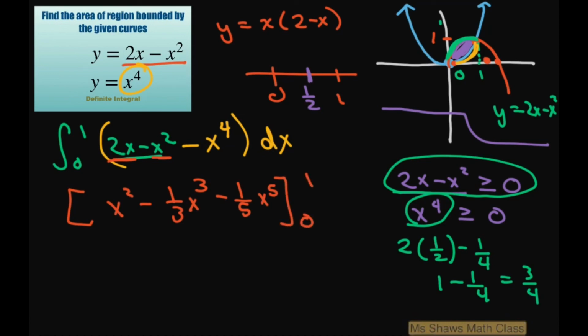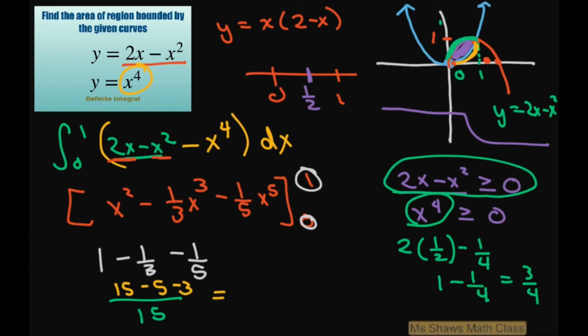We only have to look at the 1 because the 0 is just going to zero this out. So that's going to give you 1 minus 1/3 minus 1/5. Our common denominator is 15, so that's going to give you 15 minus 5 minus 3, and that equals 7 divided by 15. And so that's your area.